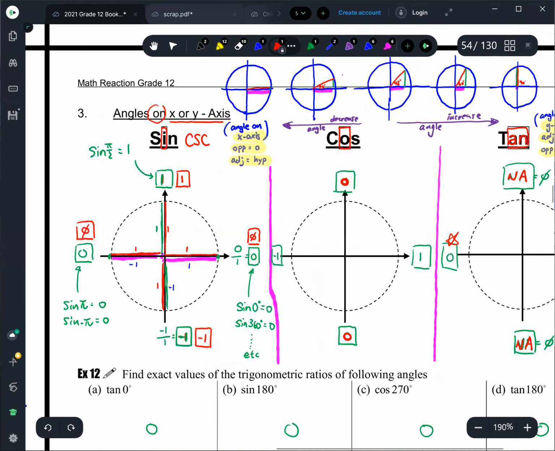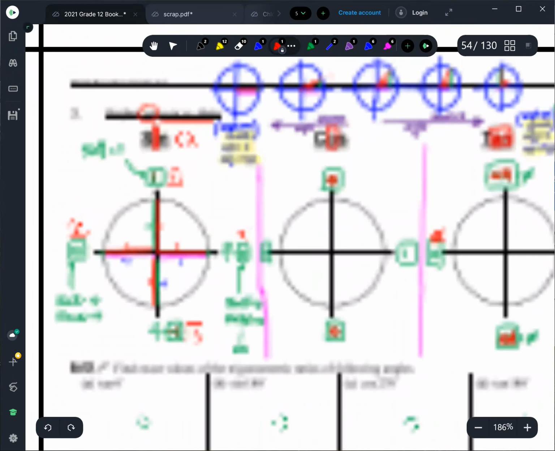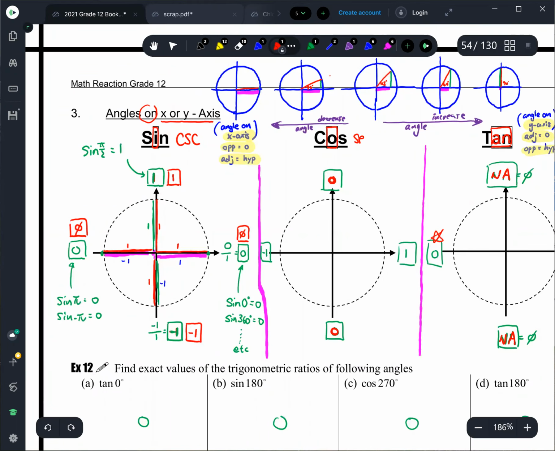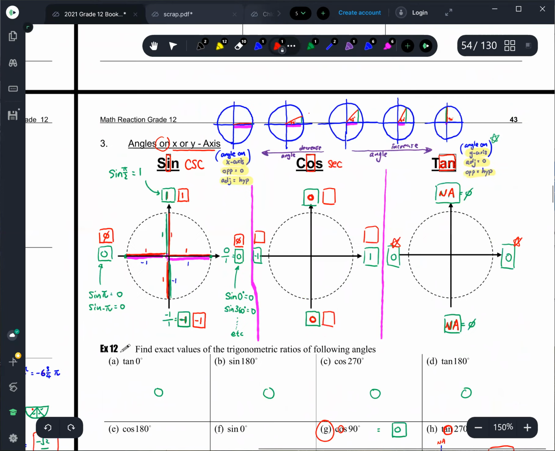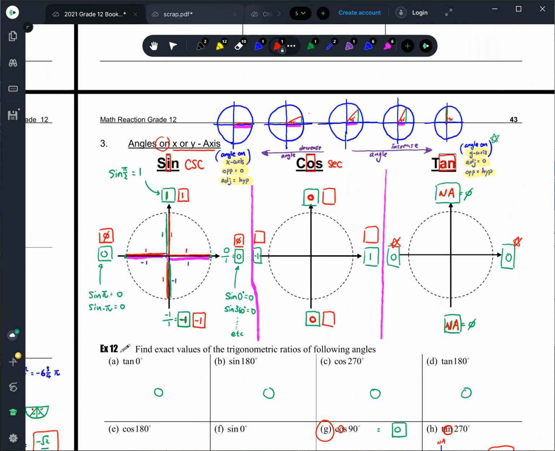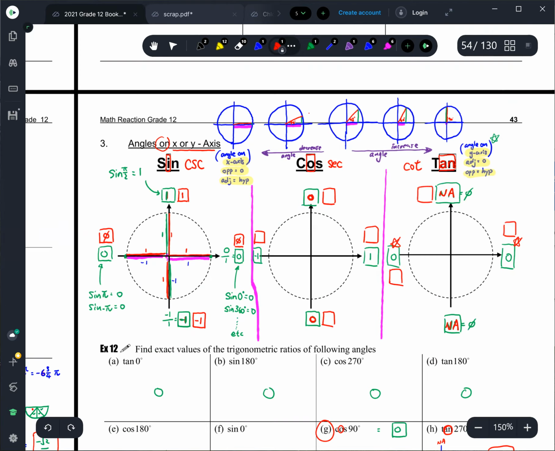So I will let you fill out the rest, the other two. Cosine, the reciprocal will be secant. You can use a different color box. If you know the sine, cosine, tangent, then you can get the cosecant, secant, cotangent. Tangent reciprocal is cotangent. It'll be these ones. So when you finish cosine, secant, and cotangent, you can raise your hand.